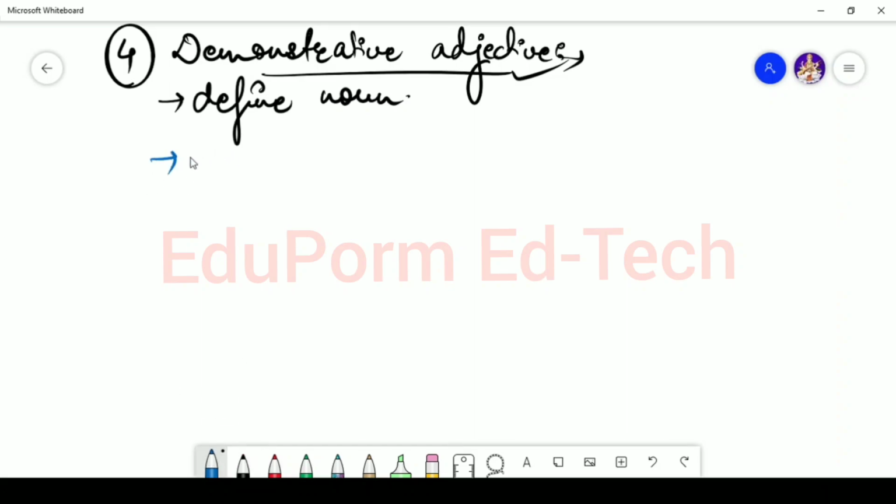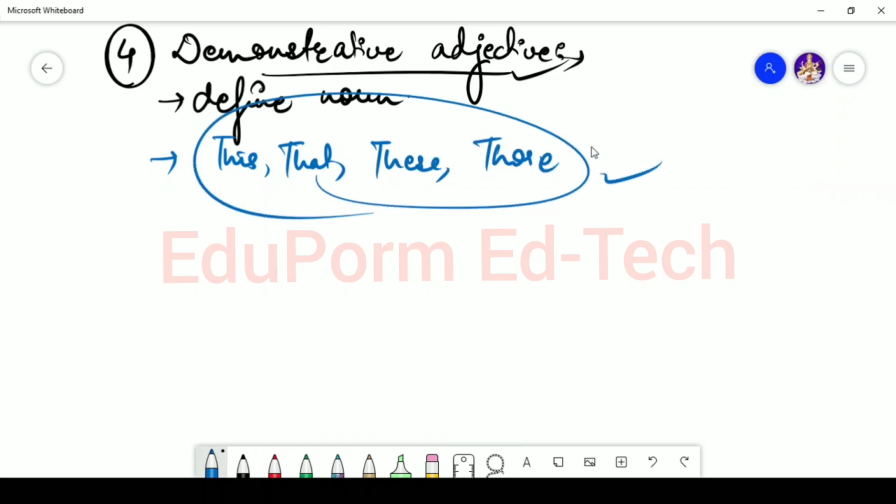What are the words which you would use to demonstrate? That is this, that, these, or those. All of these are referred to as demonstrative adjectives.